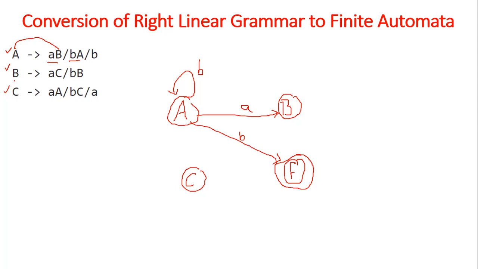Let's do the same for B. B is having 2 productions. The first production is B tends to a, capital C. So you have to add a transition from B to C on input symbol a. And the next one is B tends to small b, capital B. So you should add a transition from B to B on input symbol b.